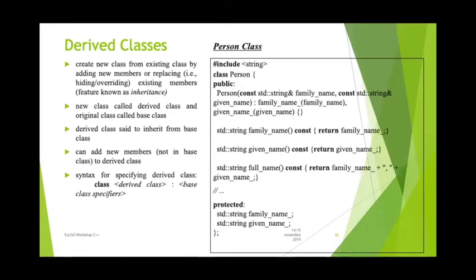And we have functions which are different in male and female. So this is a kind of inheritance. Now here comes polymorphism.